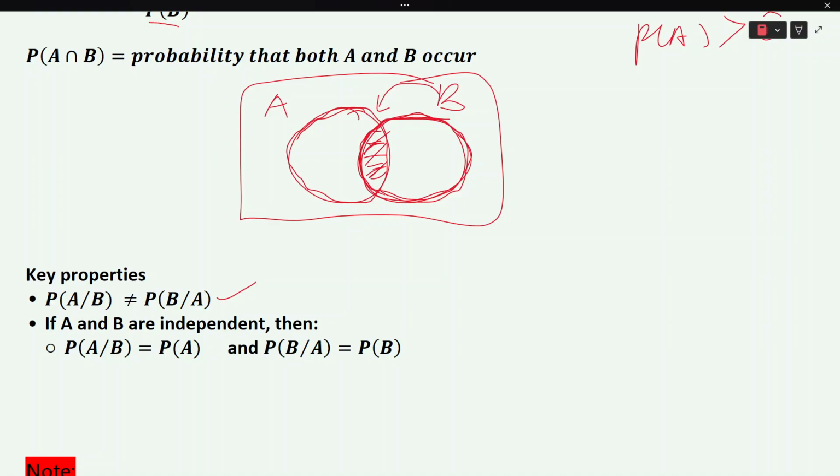Also, if A and B are independent, that is, A doesn't influence B and B doesn't influence A, then we can write the probability of A given B as the same as the probability of A. Also, the probability of B given A is the same as the probability of B, since A is not depending on B and B is not depending on A.